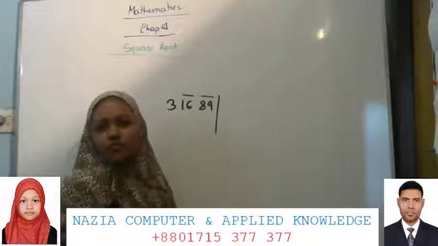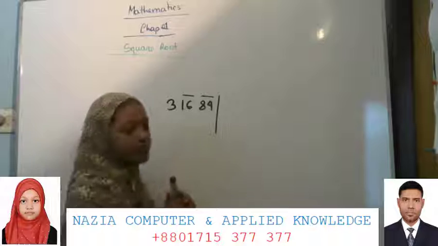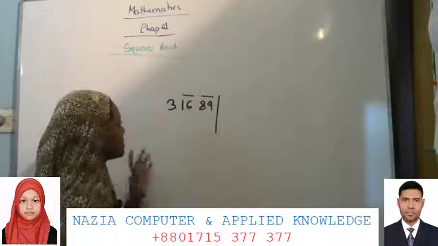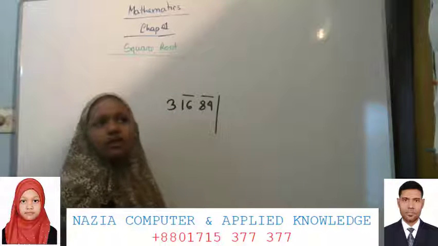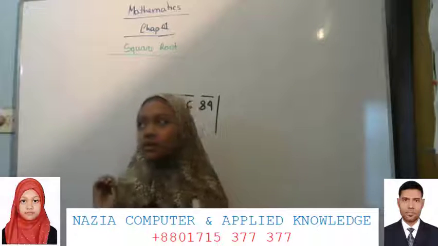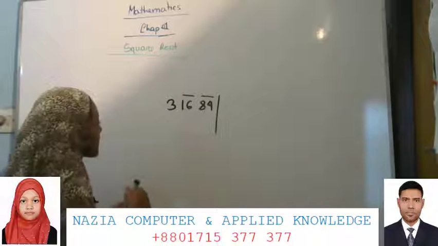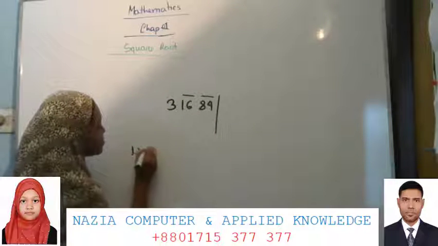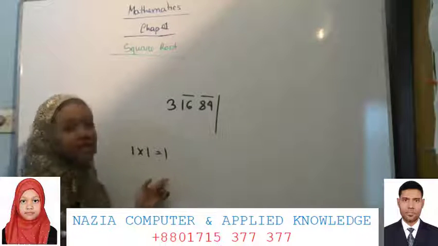Now what is the minimum square root of like 3? We know that 3 has no square root. But yeah, 1 into 1 equal to 1. We know 1 ones are 1.